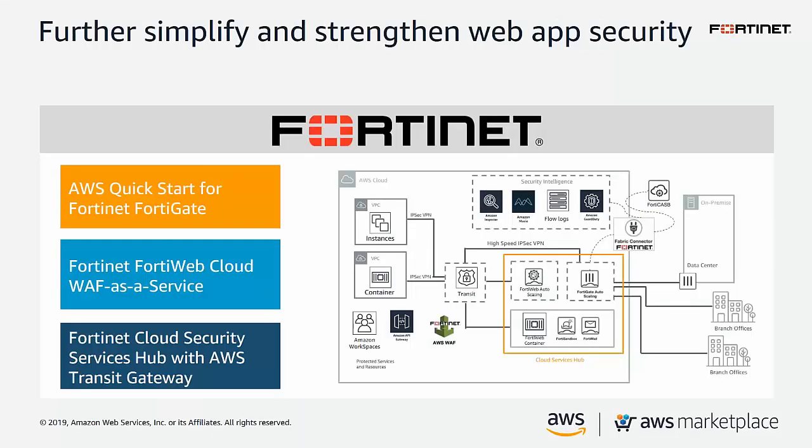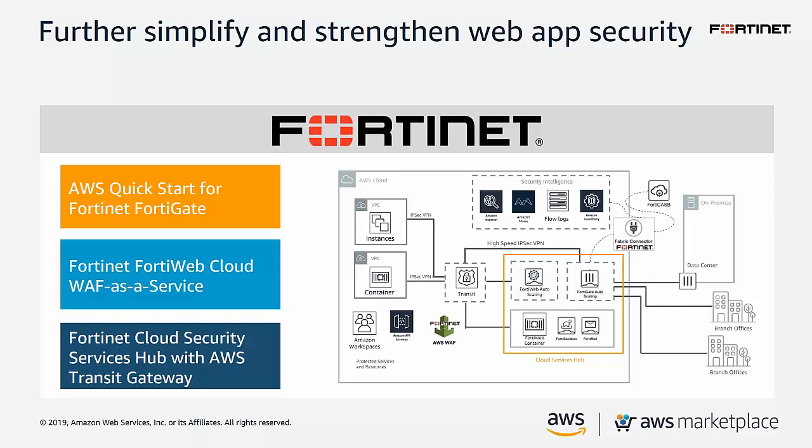Now, Fortinet's a great example of a partner who's really working well with AWS, building out the solutions that you may be familiar with on premises and moving them into AWS, providing new integrations, as we've seen with AWS WAF, but also bringing some traditional services across. There's a couple of examples I want to talk about here. One is that Fortinet have built a Quick Start which allows you to deploy their FortiGate product onto AWS.